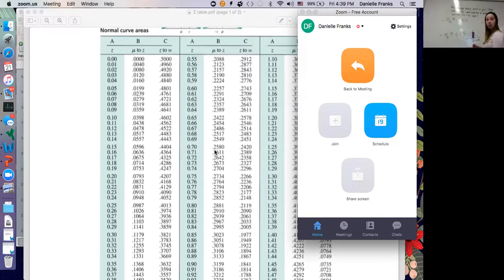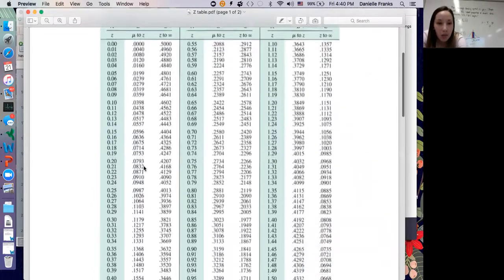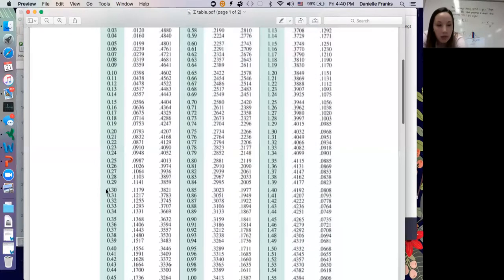Now let's find the red piece. So now we're going to look at the z table for 0.3. So 0.3 right there. We're again looking at our mean to z, and we see that the proportion that's associated with that is 0.1179.